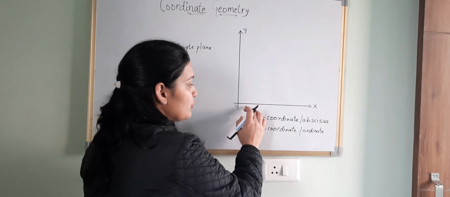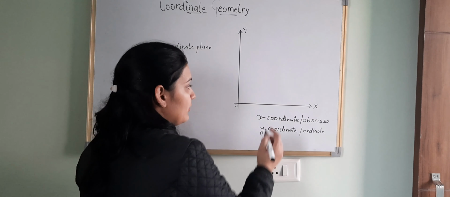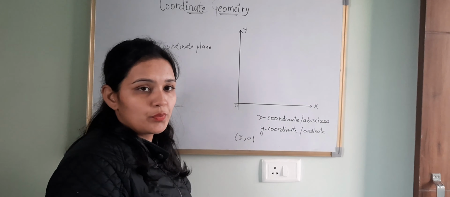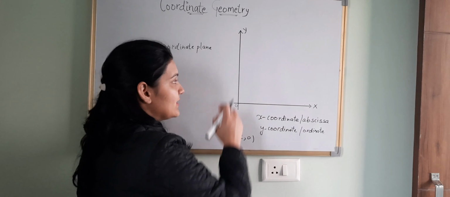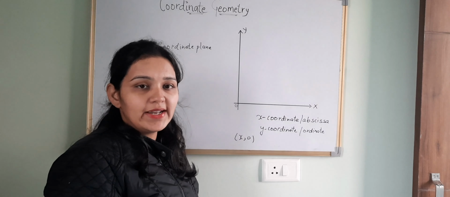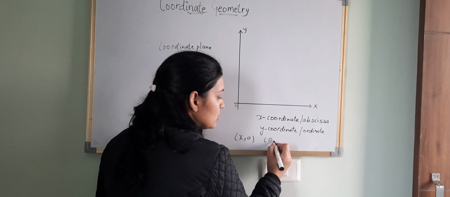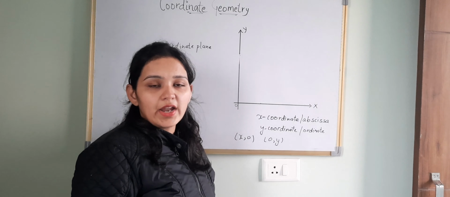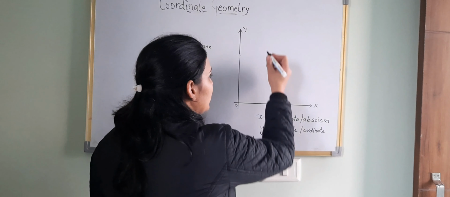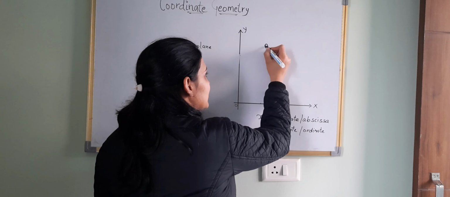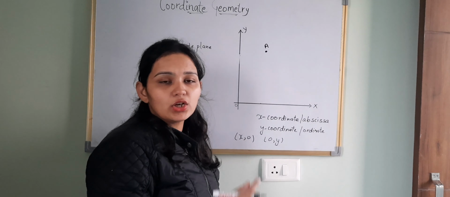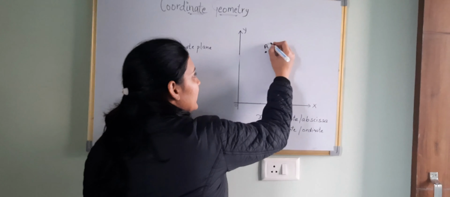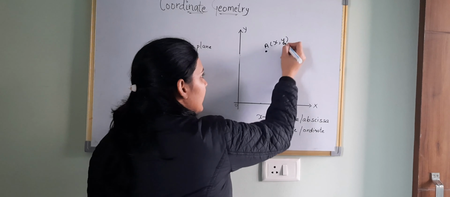The coordinate of a point on this x-axis will be represented by (x, 0), and any point on the y-axis, those coordinates will be defined by (0, y). Now, if a point lies between these two axes, suppose A, how will we define the coordinates for this point? See, its coordinates will be given by (x, y).